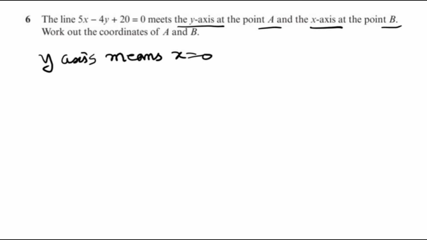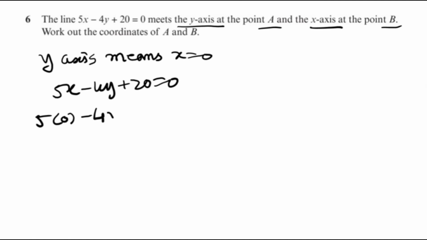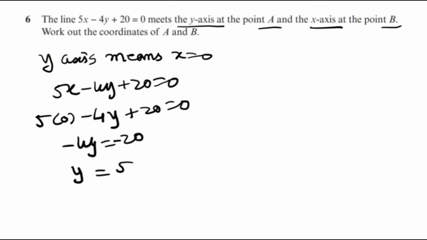So in this line equation, I am substituting x is equal to 0. So 5 times 0 minus 4y plus 20 equal to 0. So minus 4y is equal to minus 20. So y is equal to 5. So the coordinate of point A I can write as 0, 5.